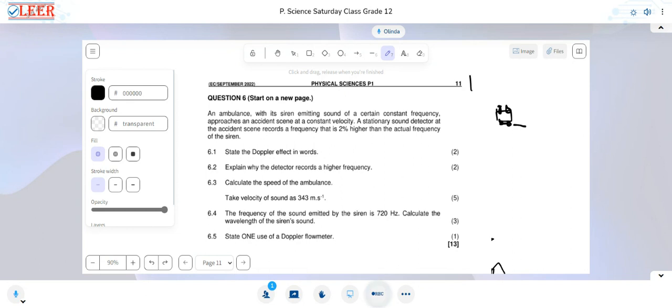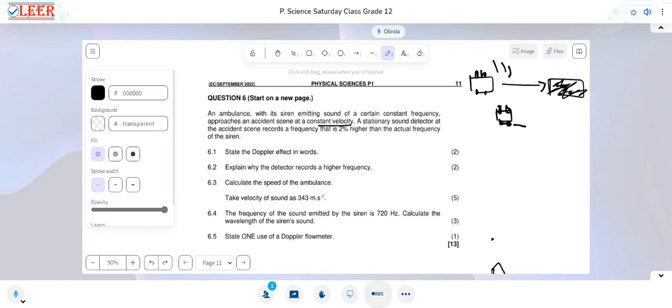So we have this ambulance, moving towards the accident scene. Nothing fatal. The ambulance is moving at a constant velocity.